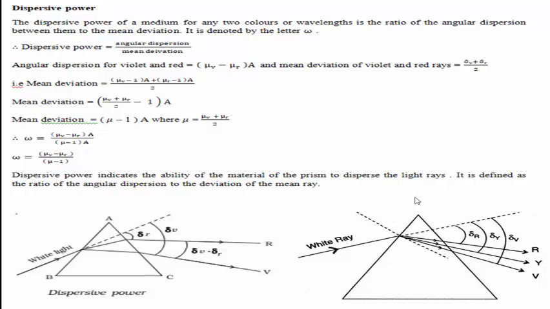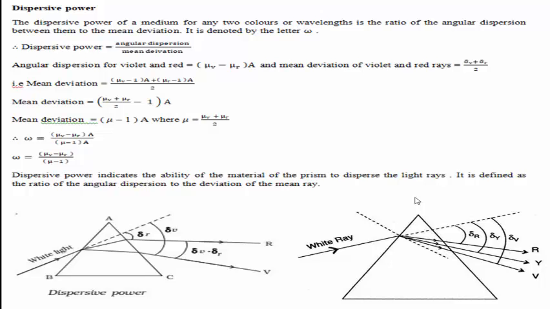2, where delta V stands for the deviation for the violet color and delta R stands for the deviation for the red color. That is, mean deviation is equal to the refractive index of violet minus 1 multiplied with A plus the refractive index of red minus 1 multiplied with A whole divided by 2.